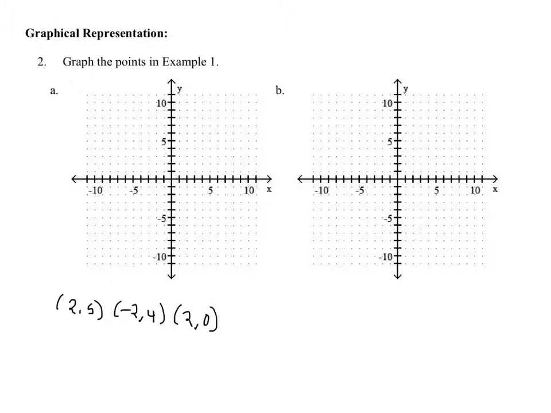So let's graph them. (2, 5), (-2, 4), and (2, 0). Notice how these 2 points are stacked. We never want the points stacked up and down like this. So we can see this is not a function.